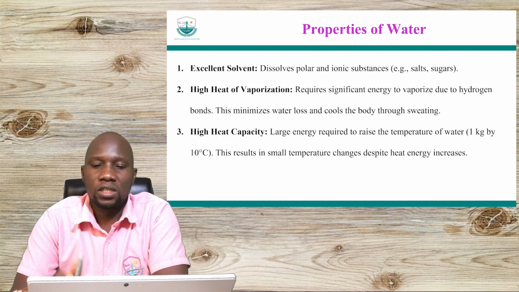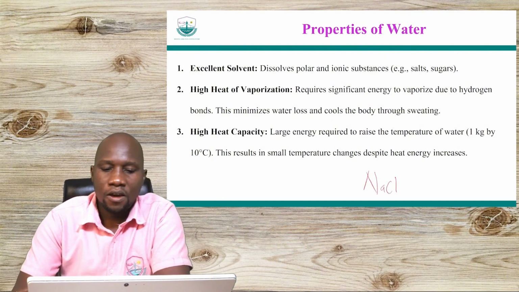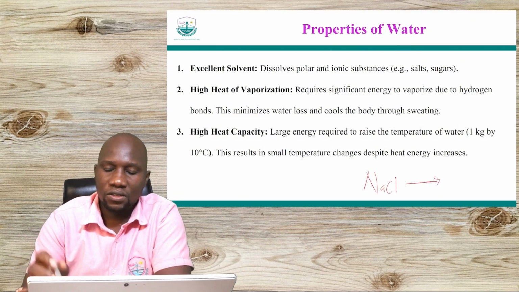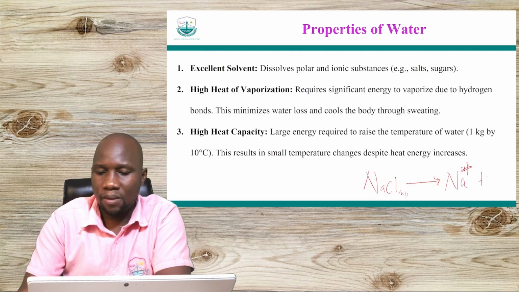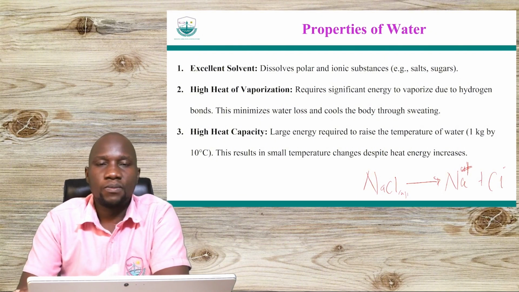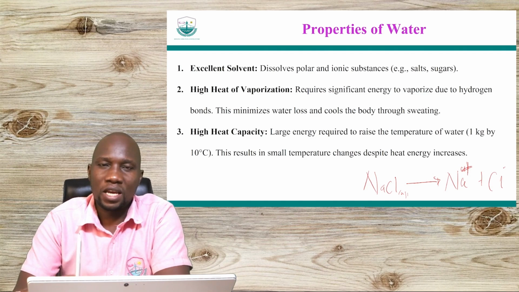So, for example, if you get table salt, that is sodium chloride, when this ionizes in a clear solution, it will give you sodium ions plus chloride ions. Okay, in a clear solution. So this is an ionic compound, and it dissolves in water. So this is to say that water dissolves ionic compounds.